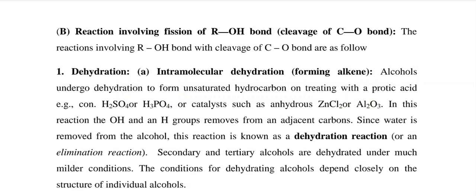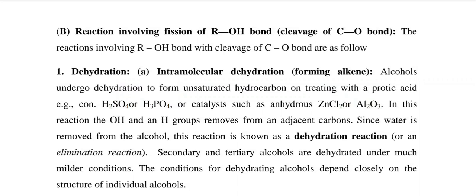Alcohols undergo dehydration to form unsaturated hydrocarbons on treating with a protic acid, for example, concentrated H2SO4 or H3PO4, or catalysts such as anhydrous ZnCl2 and Al2O3.